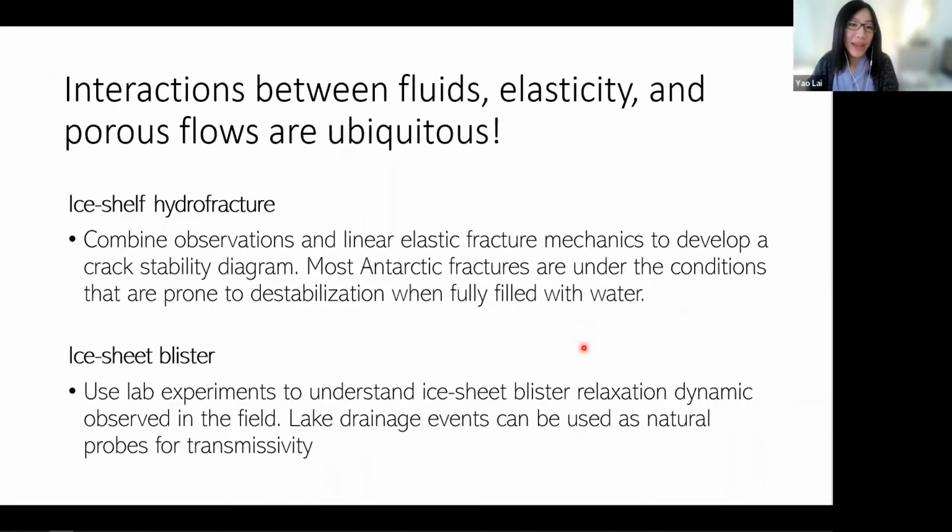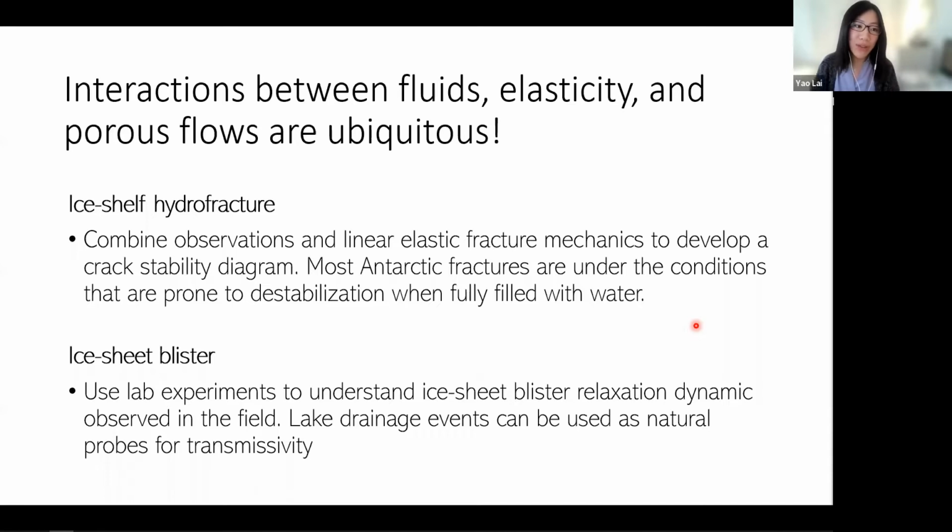I have a few open questions, so it'll be good to discuss those. I only summarize by saying that I find the interactions between fluid flows, elasticity, and porous flows fascinating, and they can be found everywhere in the cryosphere. Here I show 2 examples.